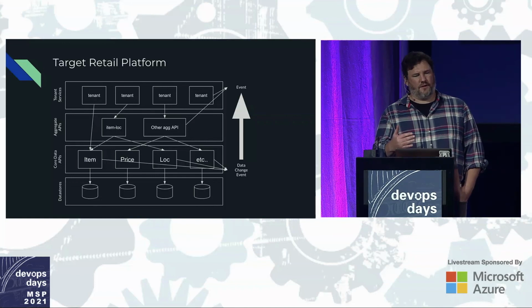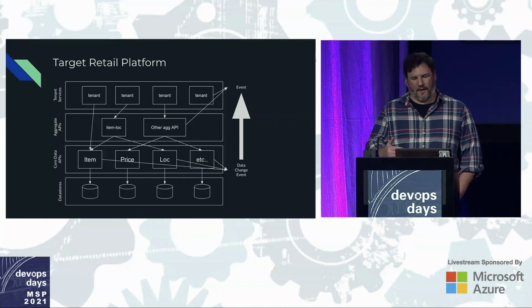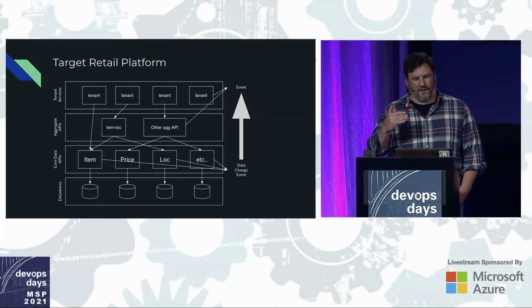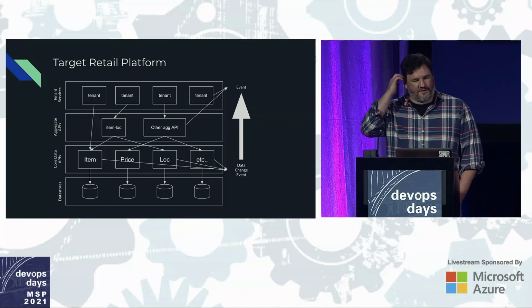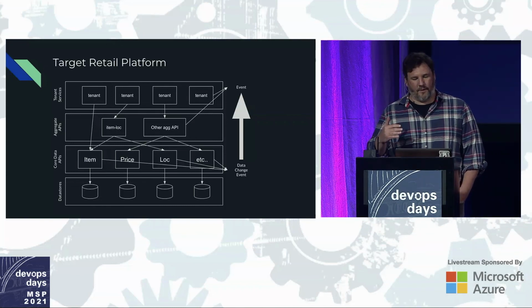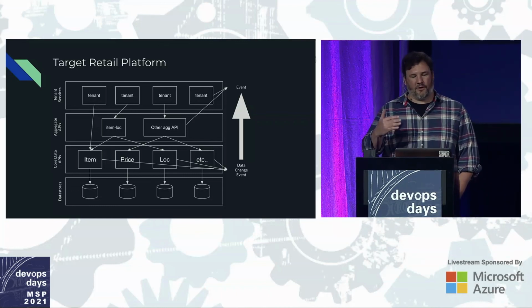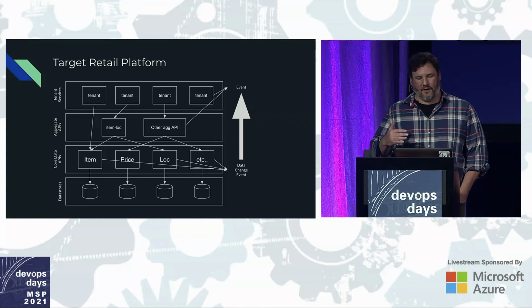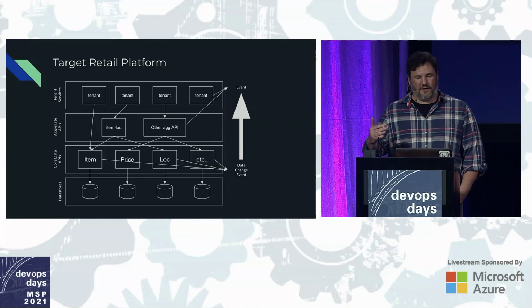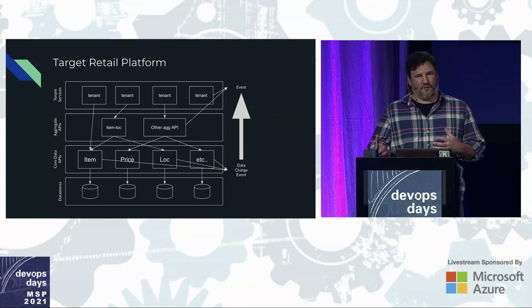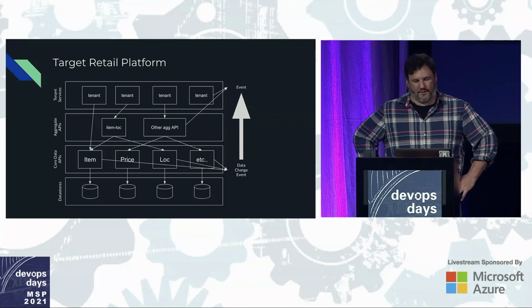But essentially, the Target Retail platform defines a set of patterns that defines the separation of services inside the platform that provide core data, use core data, or aggregate core data at the end of the day. So it gives a really easy framework to product development teams to understand where they fit in the architecture and what constraints they have on how the data is used and how data is produced and so forth.